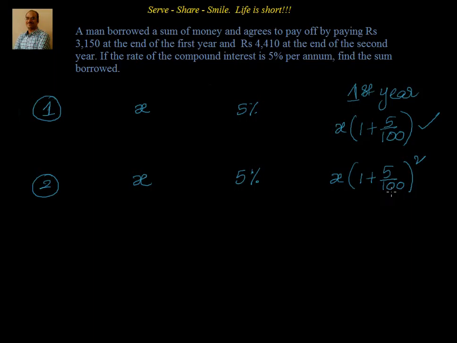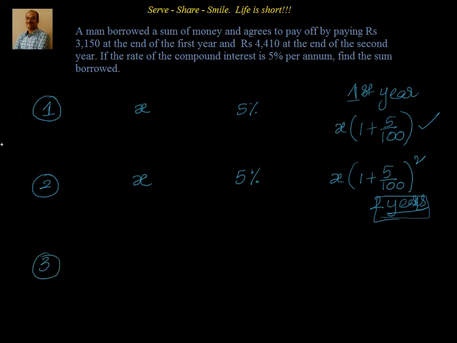So we know that in the second year the principal is X into 1 plus 5 by 100. Again I have to do 5% interest on that. So we know that the formula is X into 1 plus 5 by 100 whole square. So in this case the total transaction is over in 2 years, and he is not paying any amount in the first year. He is just paying at the end of the second year everything that needs to be paid.